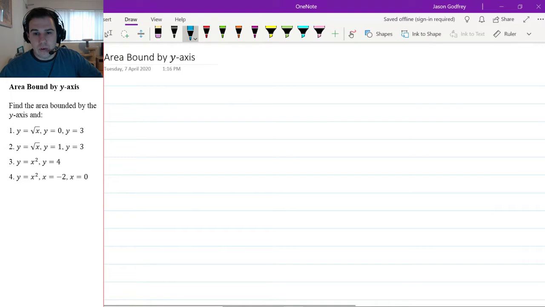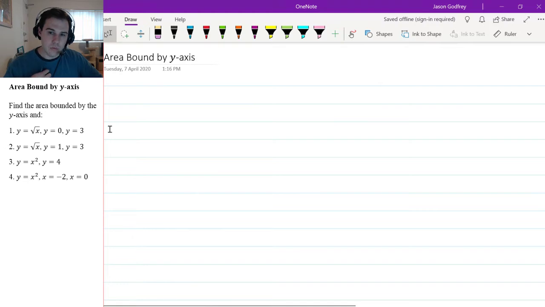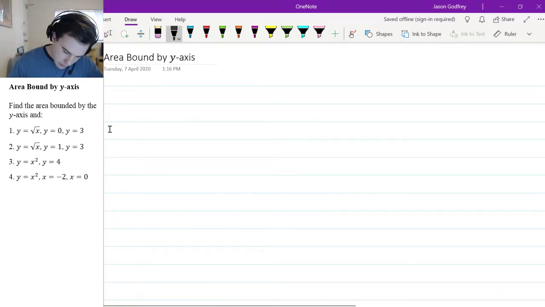So let's read it out. Find the area bounded by the y-axis and y equals root x, y equals 0 and y equals 3. So just like with x-axis, first thing we're going to do is of course draw up a diagram.